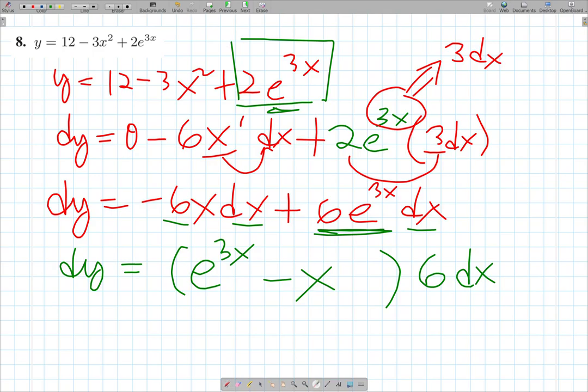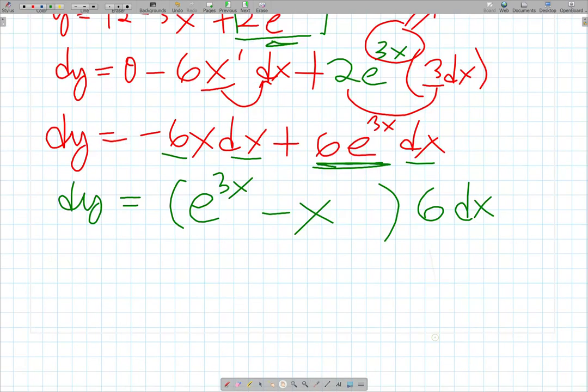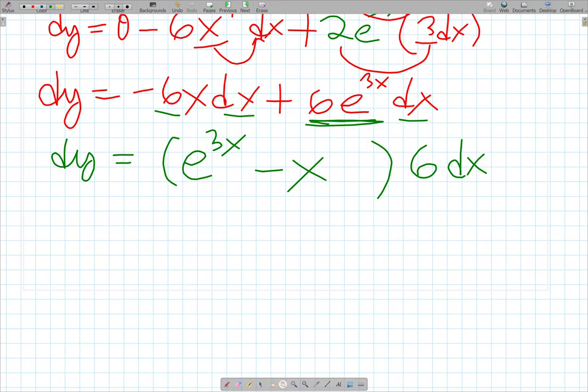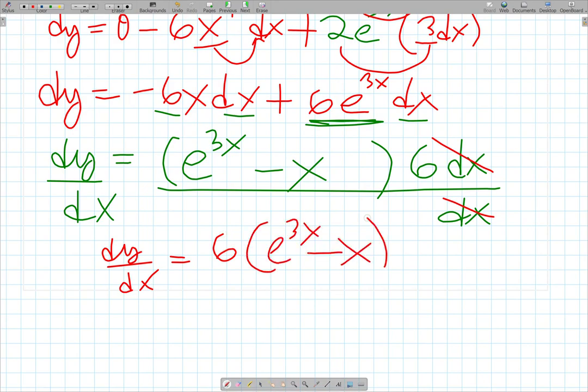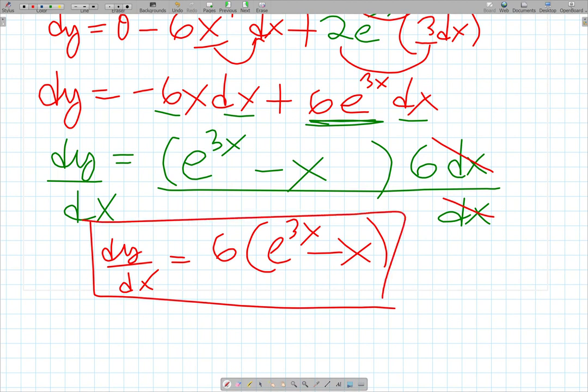Counter check: 6dx times e^(3x) is 6e^(3x) dx, and 6dx times negative x is negative 6x dx. Pareho lang. Since we are looking for dy over dx, just divide by dx and cancel out. So our dy over dx is equal to 6(e^(3x) minus x). Okay? Next.